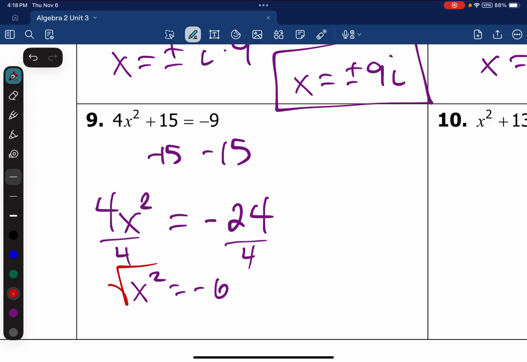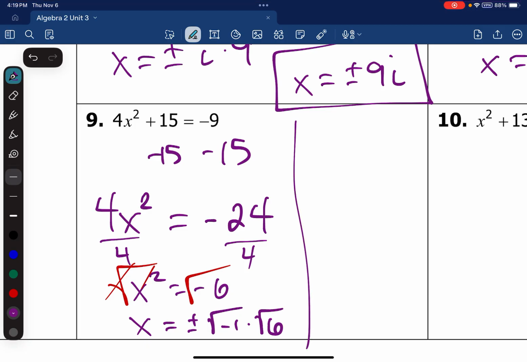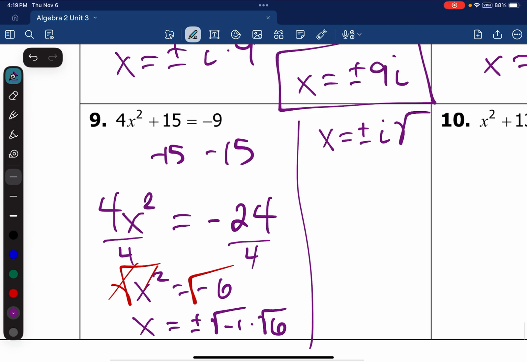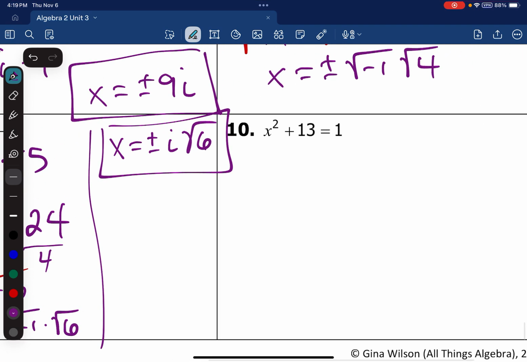Now take the square root of both sides. That's going to leave me with x equals plus or minus radical -1 times radical 6. We know radical -1 is going to be i. 6 is the factors 3 times 2, but neither of those are a perfect square, so that is my final answer.